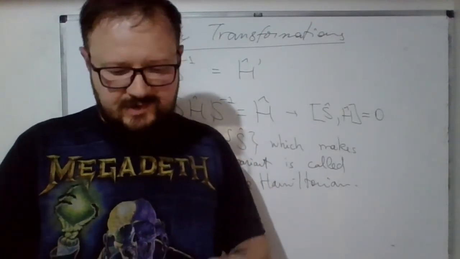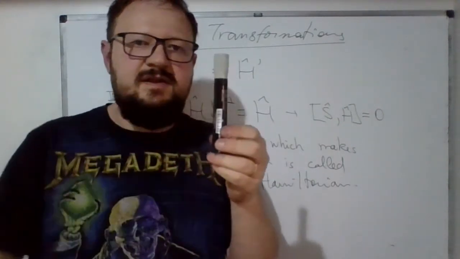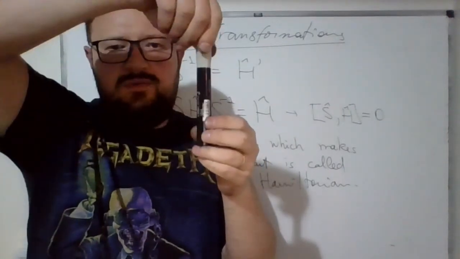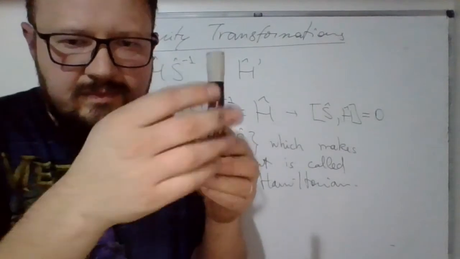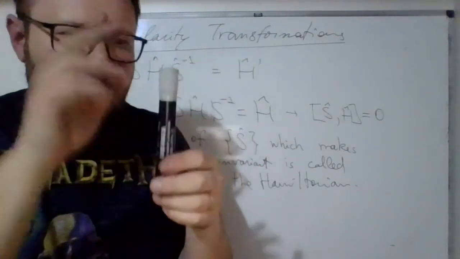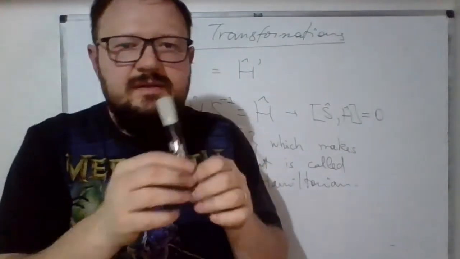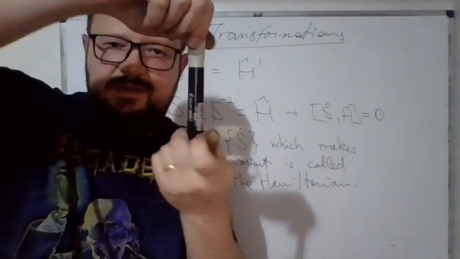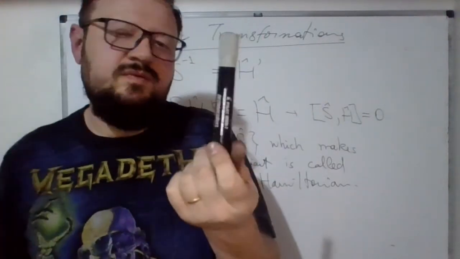It's just like you pick up this cylinder here, you look at the cylinder and you can rotate the cylinder by some angle. Forget about the labels and the colors here, suppose it's a perfect cylinder. You can rotate the cylinder and the situation is the same.